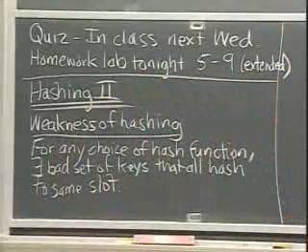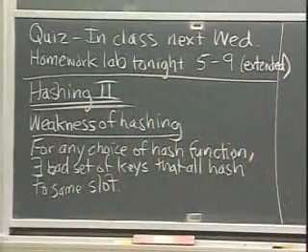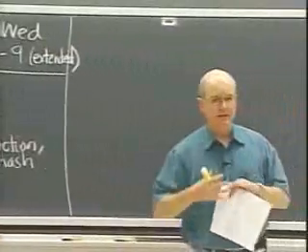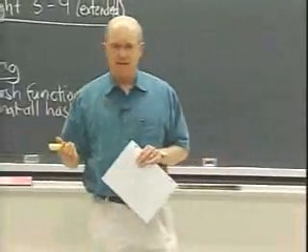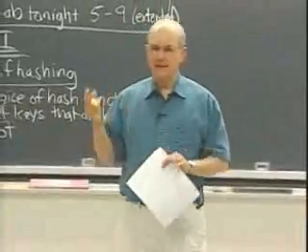Okay? So you pick a hash function. We looked at some that seem to work well in practice that are easier to put into your code. Okay, but whichever one you pick, there's always some bad set of keys.